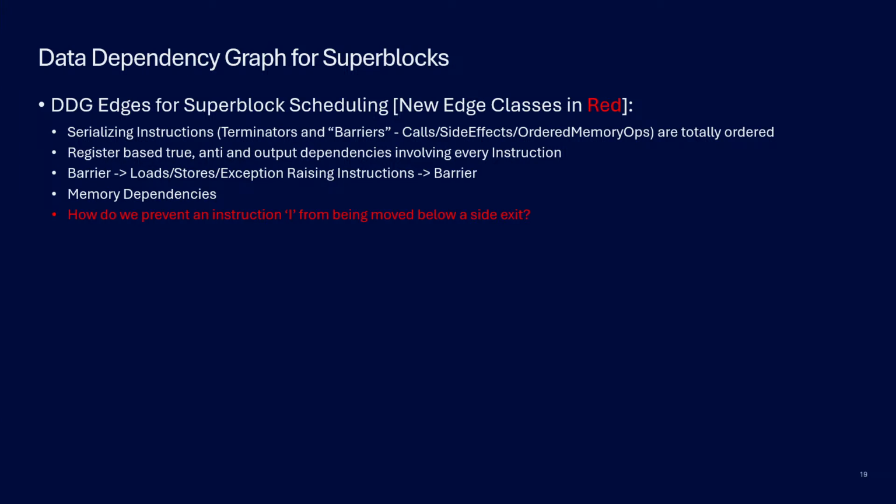Because if that instruction was live at the entry of the side exit, then, see, this is a superblock, and this is a side exit. If we move something, x equal to y plus z, below this, then if this uses x, it won't get the proper value, right?